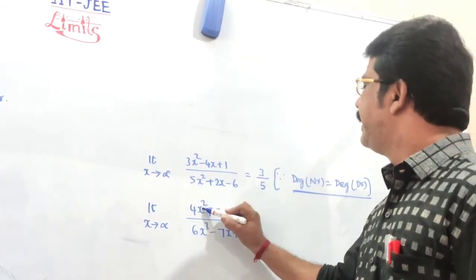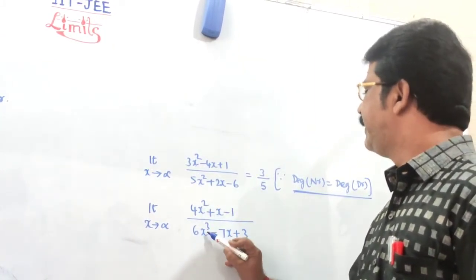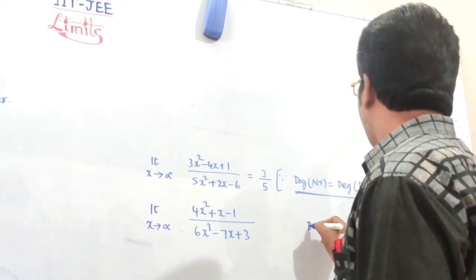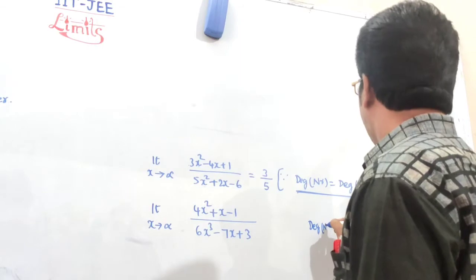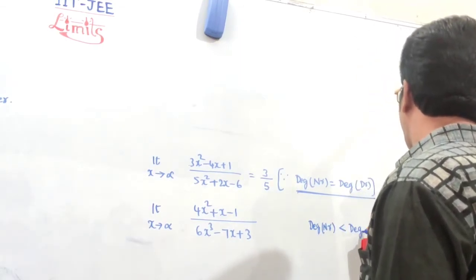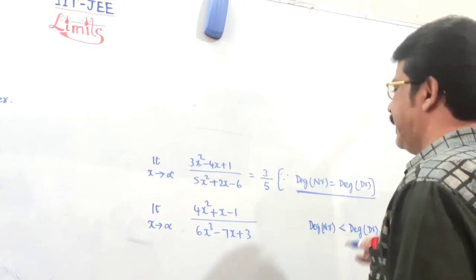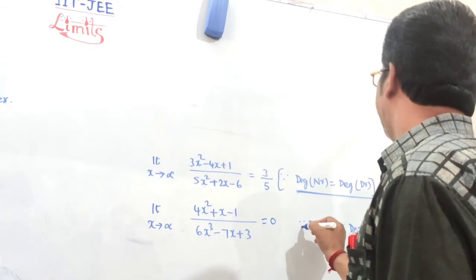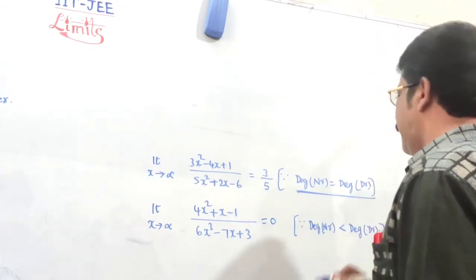The degree of numerator is 2, the degree of denominator is 3. Therefore here the case is degree of numerator less than degree of denominator. So in such a case bluntly we can take it as 0, like that.